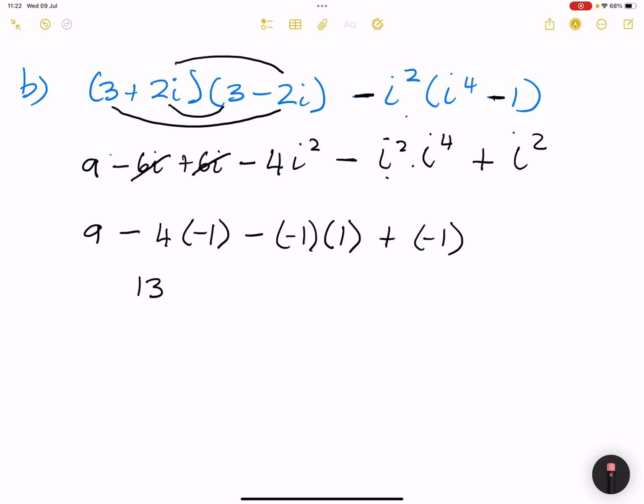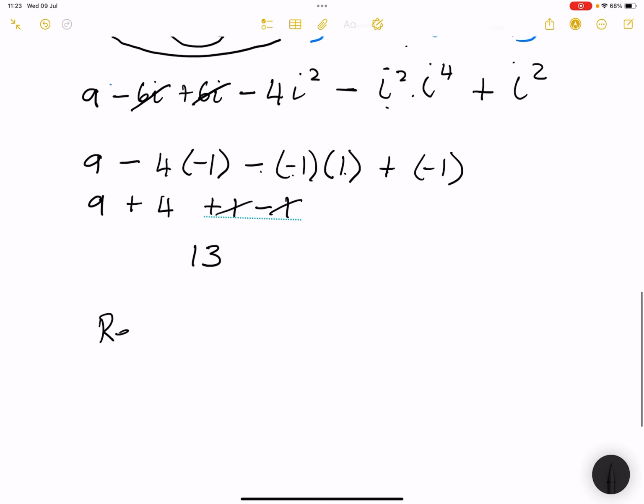Okay. In fact, let me just take it one step at a time. So that's 9. Negative times a negative 1. That's going to be a positive. So 4 times 1 is 4. Right? Negative times negative, that's positive, times a positive 1. So that will be plus 1. Okay, positive times a negative, that will be negative. So those two cancel each other out. 9 plus 4 gives us 13.